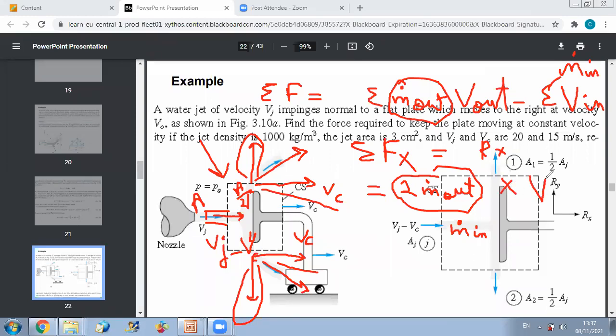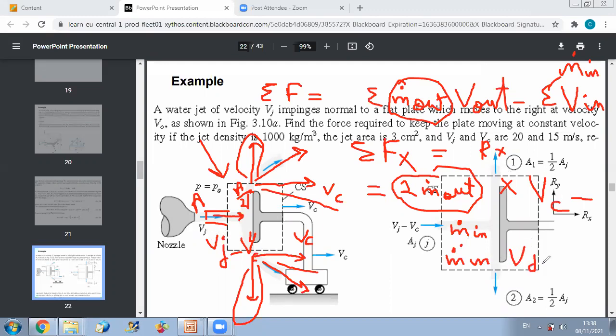And from this side, we have the inlet, so it's minus m dot in times the absolute velocity at the inlet, which is Vj.